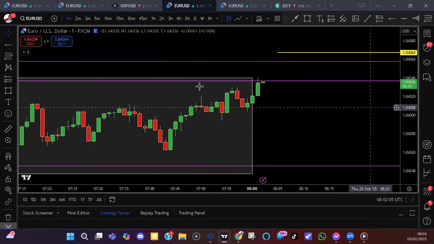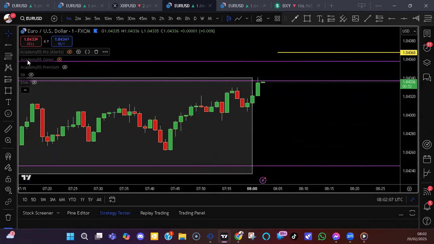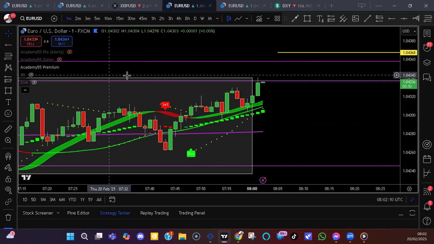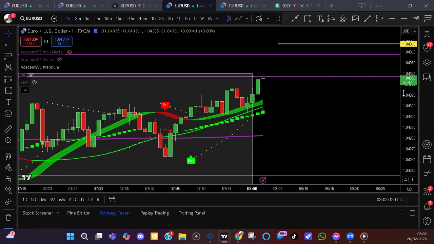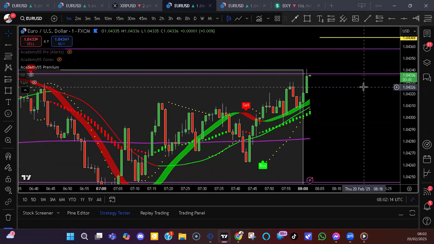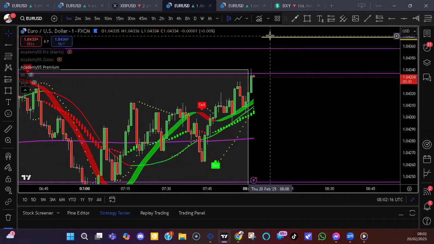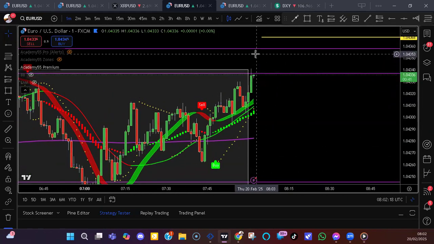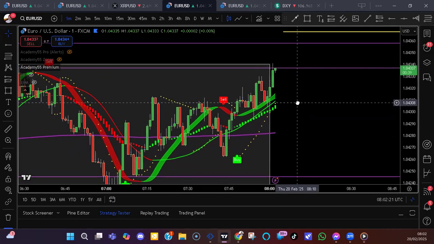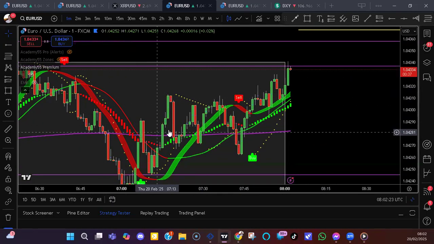So we'll go down to the minute, put our indicators on. And now we've got a sell zone here. Look, we've got support and resistance lines, other barriers. We've got this sideways movement.